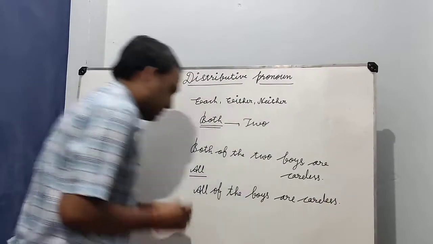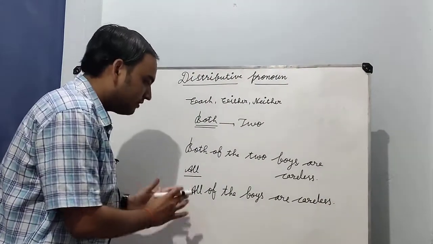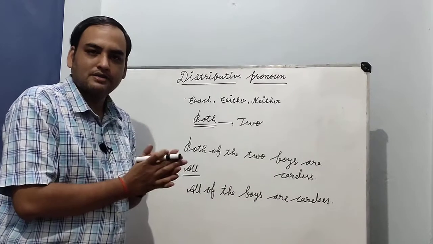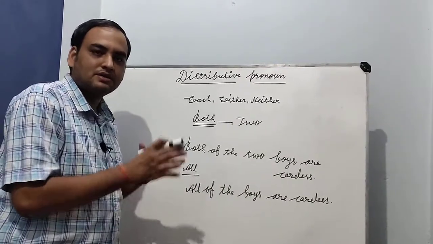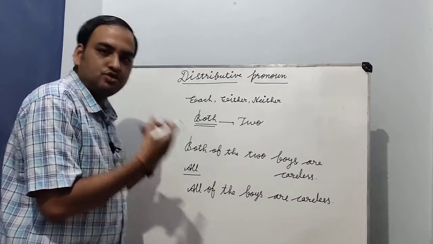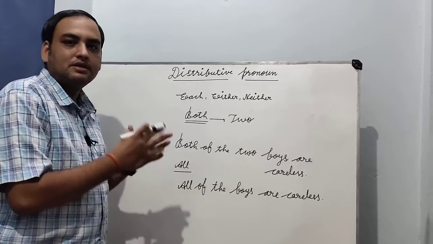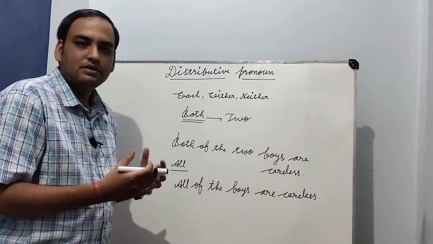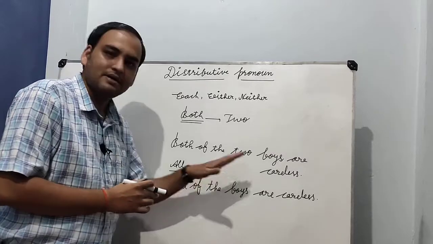It means that all the boys are careless. All is used for persons or things more than two. In a bulk quantity, when the numbers are more, we will use all. All of the boys are careless.